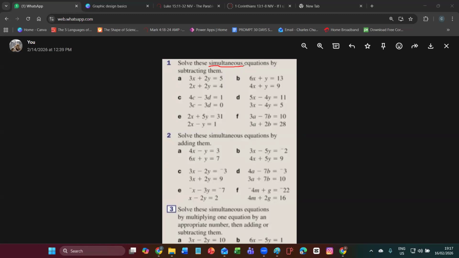So what that means is, for instance, if you look at my number 1a, the value of x and the value of y that will make 3x plus 2y equal to 5 must be the same value of x and y that will make the second equation, 2x plus 2y, equal to 4. Did you get that now? So that's the whole idea of saying that the two equations must be fully satisfied at the same time.